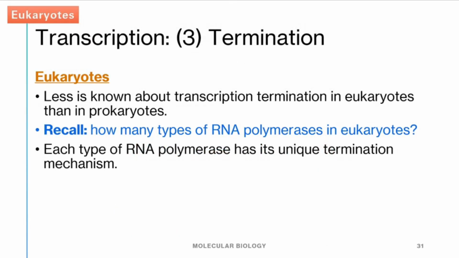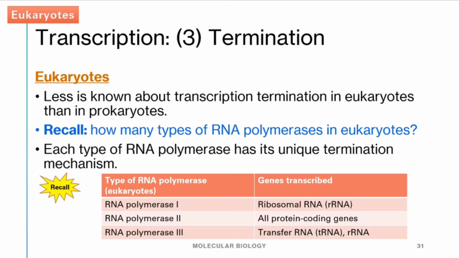Now we are skipping the elongation process because it is more or less very similar between prokaryotes and eukaryotes. The next difference in the transcription process comes in termination. For eukaryotic cells, unfortunately, we don't really know a lot about how transcription terminates.